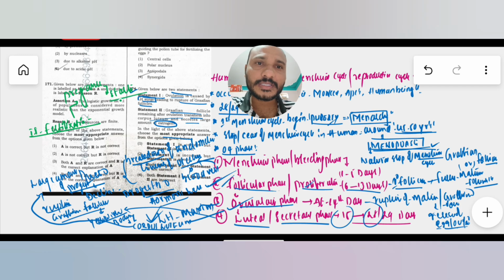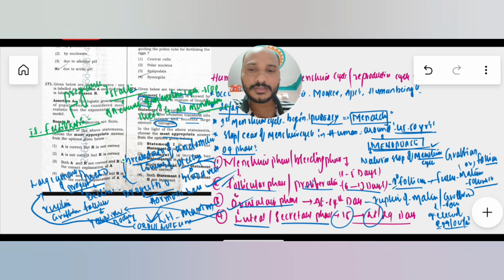If pregnancy starts, all events of the menstrual cycle stop, and there is no menstrual phase. There is no menstruation.